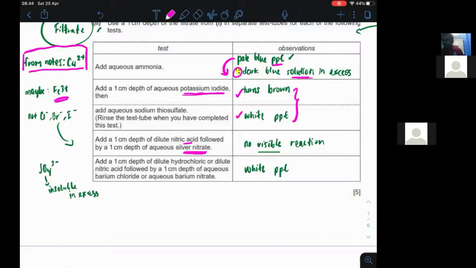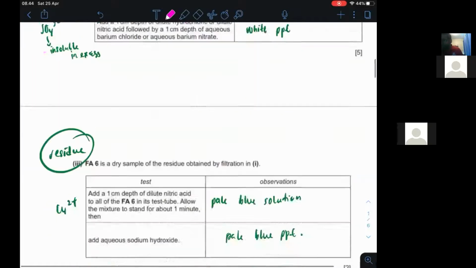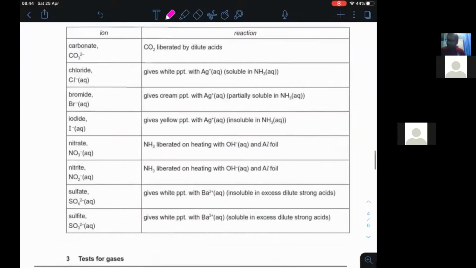The filtrate might contain cation and anion. If you have anions such as Cl minus, Br minus, or I minus, when you add silver ions, it's going to give you a precipitate with different colors.